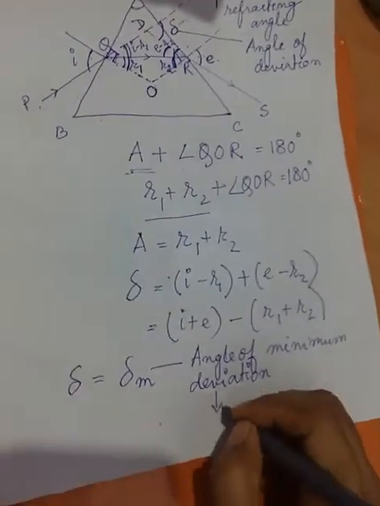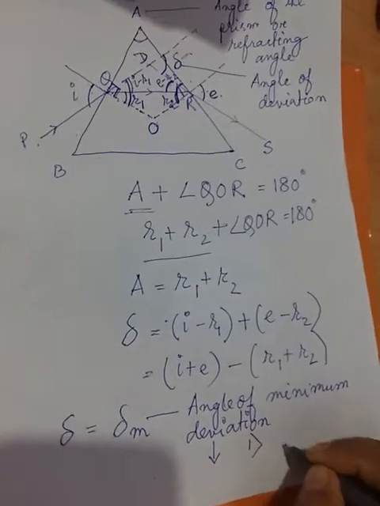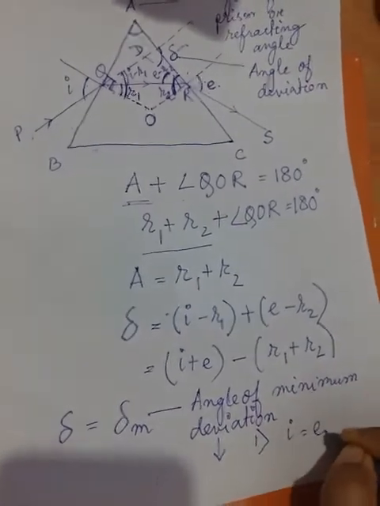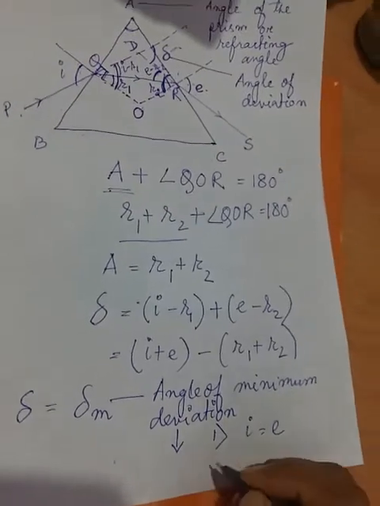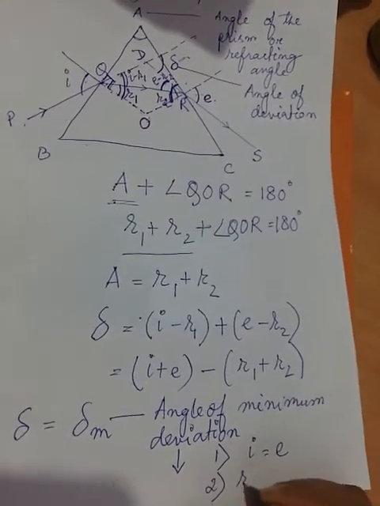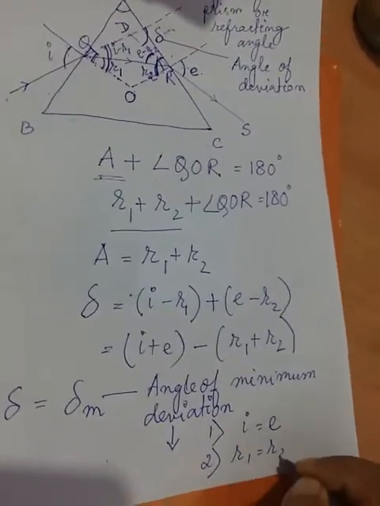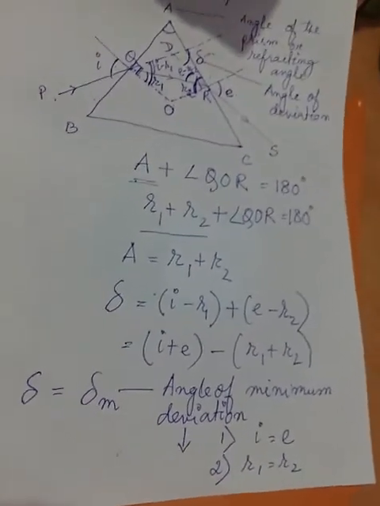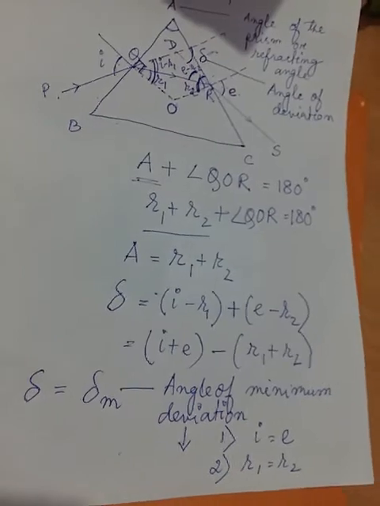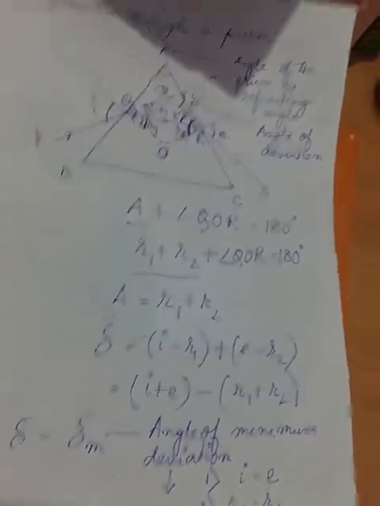And what are these conditions? Number one, I must equal E: angle of incidence equals angle of emergence. Number two, R1 equals R2: the angle of refraction at the first surface equals the angle of incidence at the second surface.